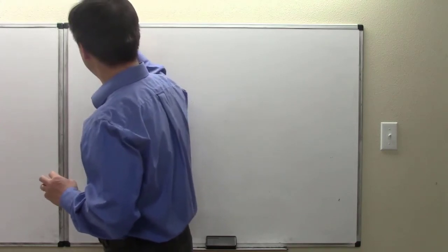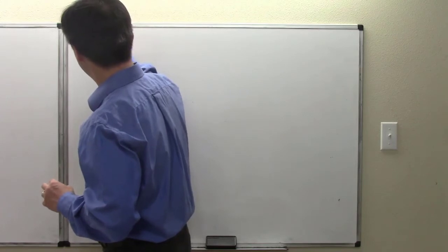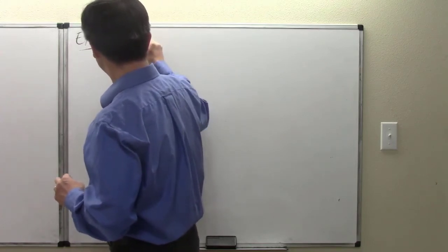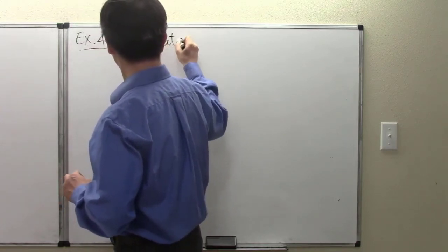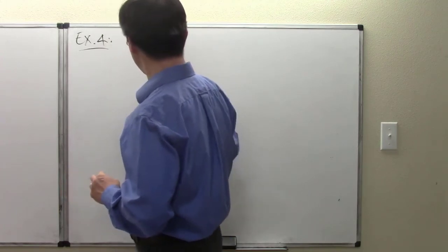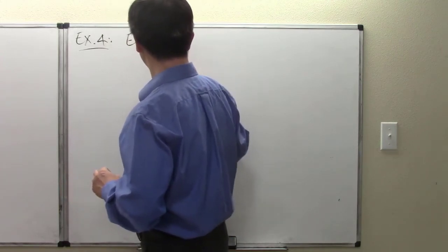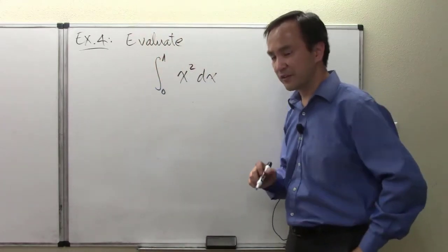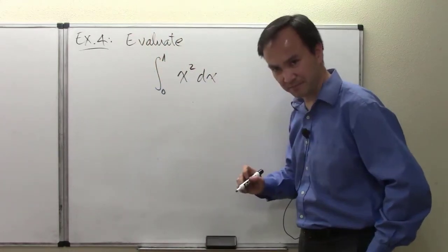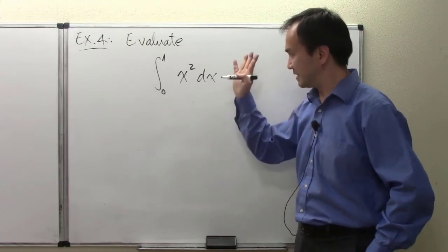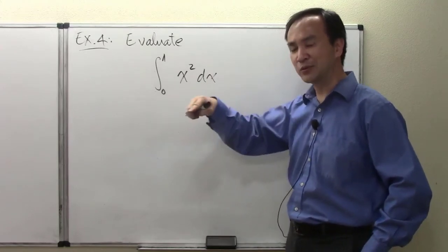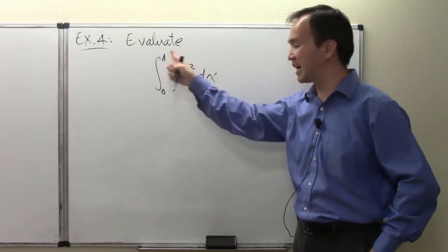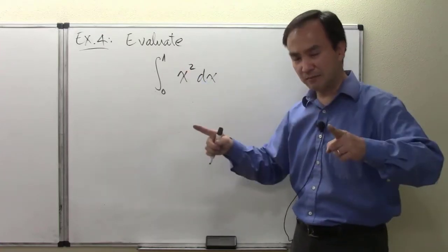Okay, so now I'm calling that example 4. Let's really evaluate the definite integral from 0 to 1 of the function x squared, with respect to x, okay? This is not a problem where we try to visualize it as the area of some special graph.